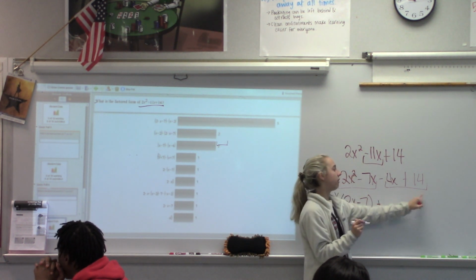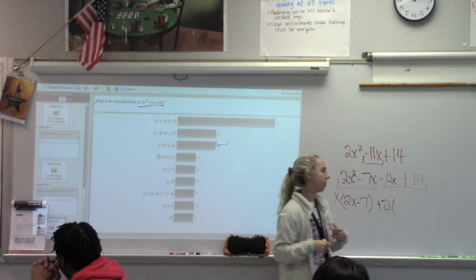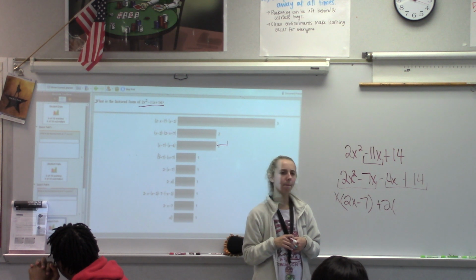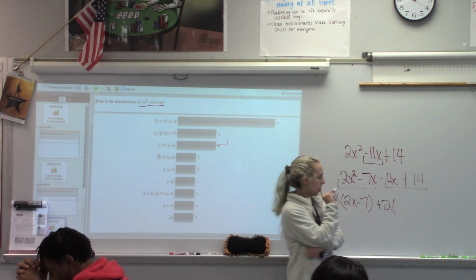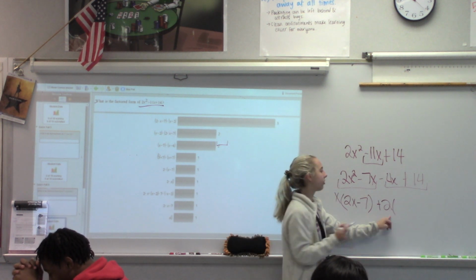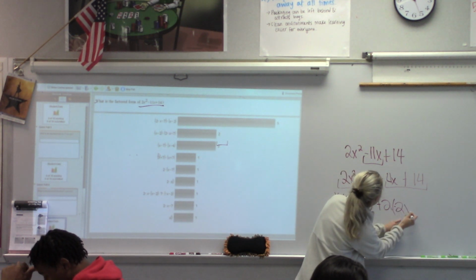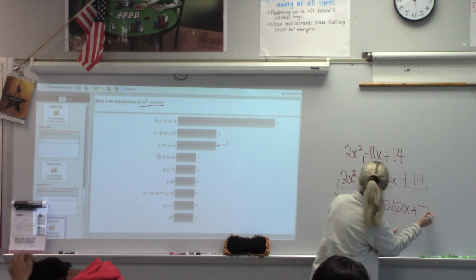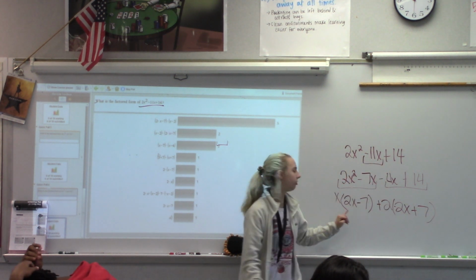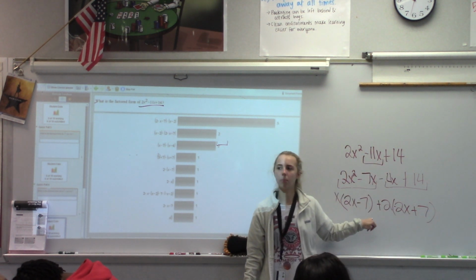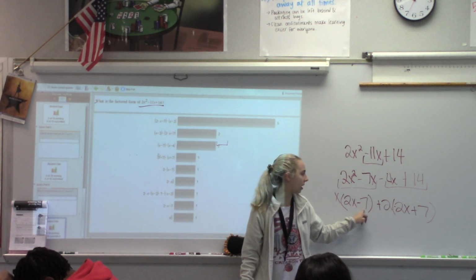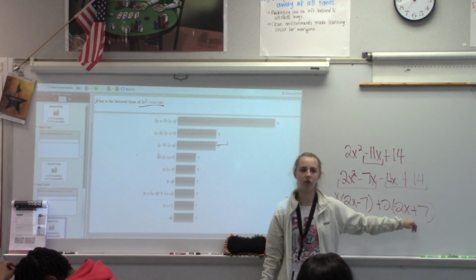The GCF over here is just 2, and what am I left with? Well, if I took out a positive 2, I would have to multiply a negative 2x plus 7. But do these look the same? 2x minus 7, negative 2x plus 7.